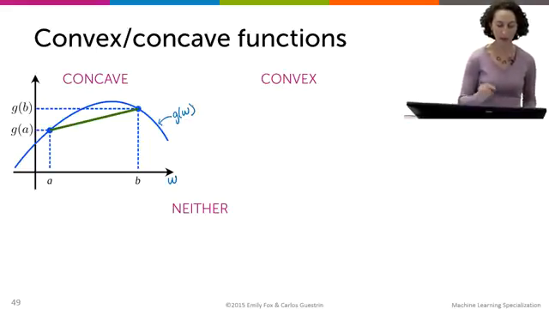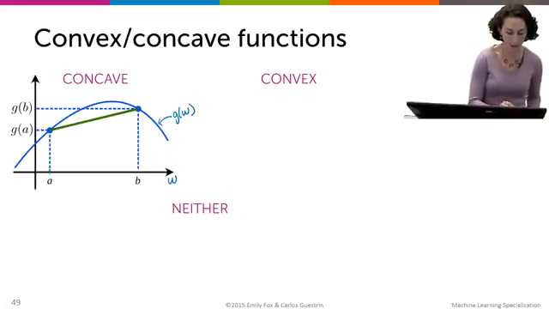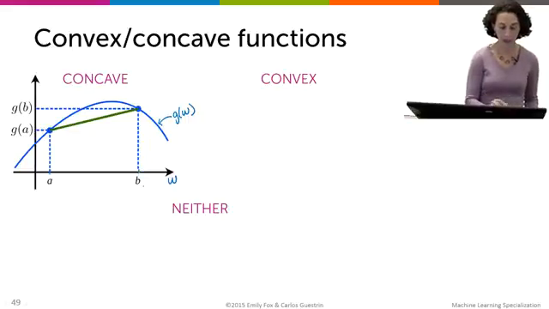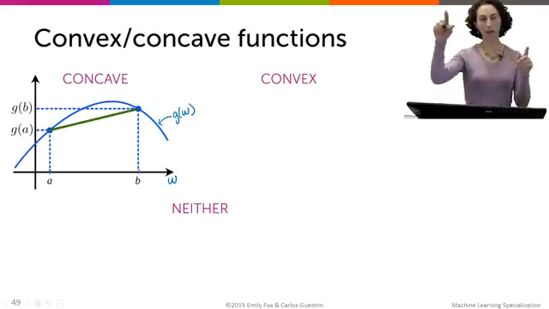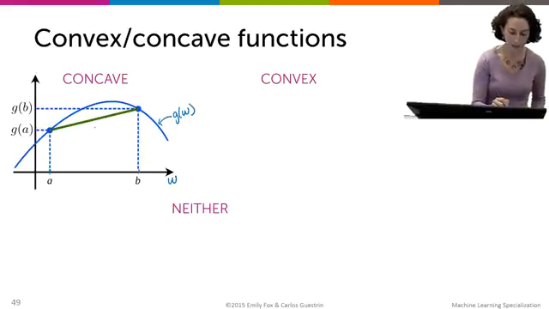Okay, so the way we can think about defining what a concave function is, we can look at any two values of w, let's call it a and b, and look at the value of the function at a and b, so g of a and g of b, and let's draw a line between g of a and g of b. So that's this green line here.